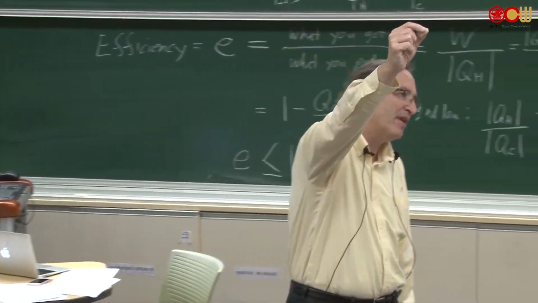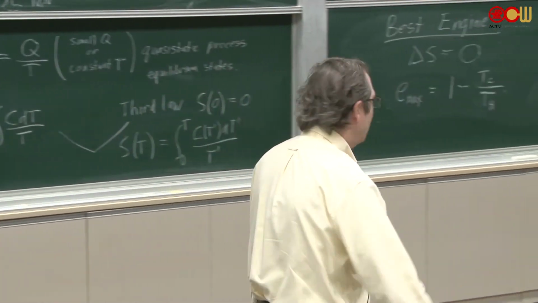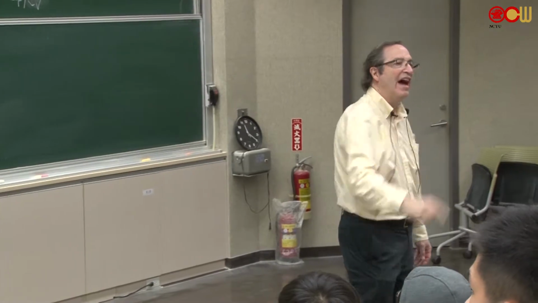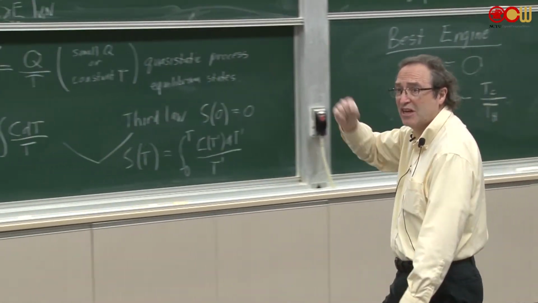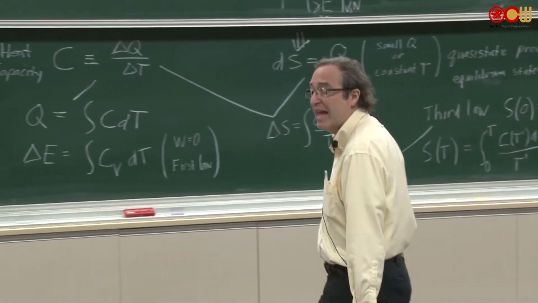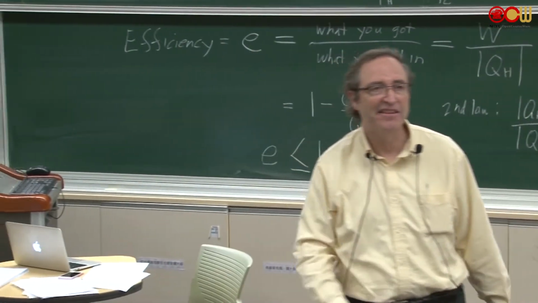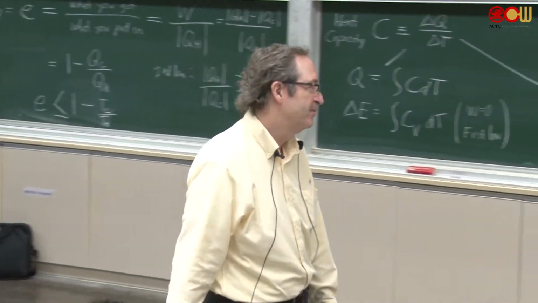Because the top of the ocean is hotter than the bottom. So there's a temperature difference. Why don't we just run gas through that? Well, that's very inefficient because the temperature change is not that big. And secondly, we have to do all this work to move the gas around. So we're not going to get very far using that.